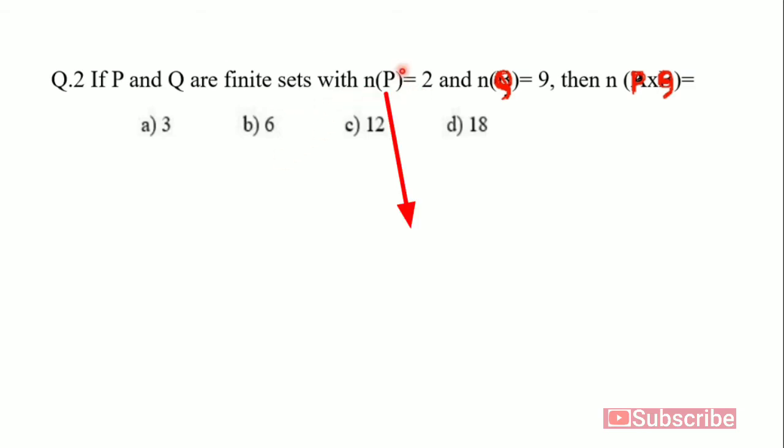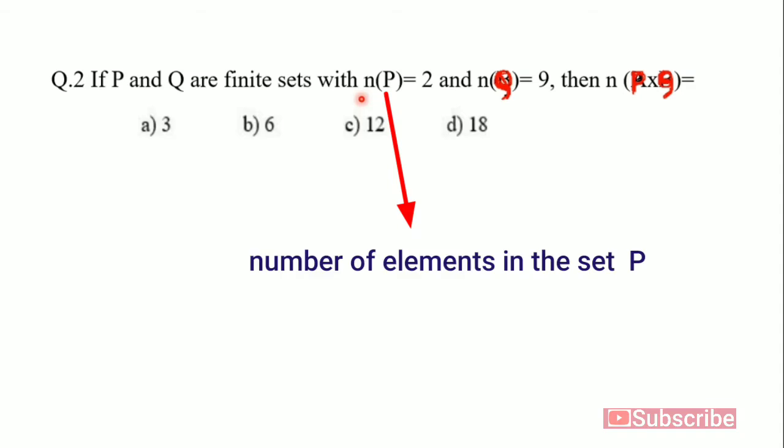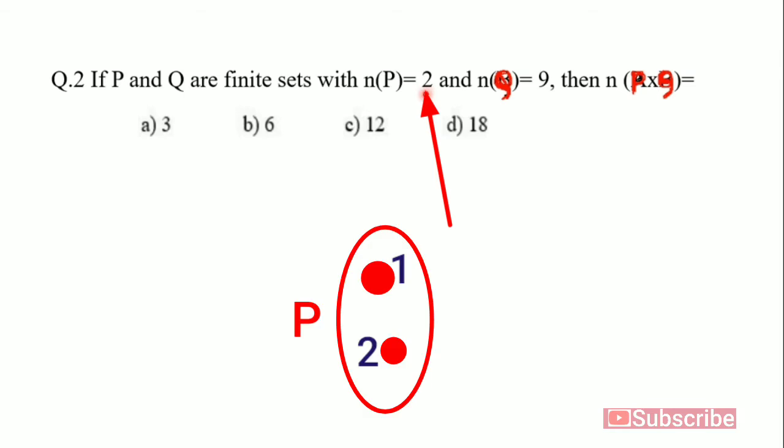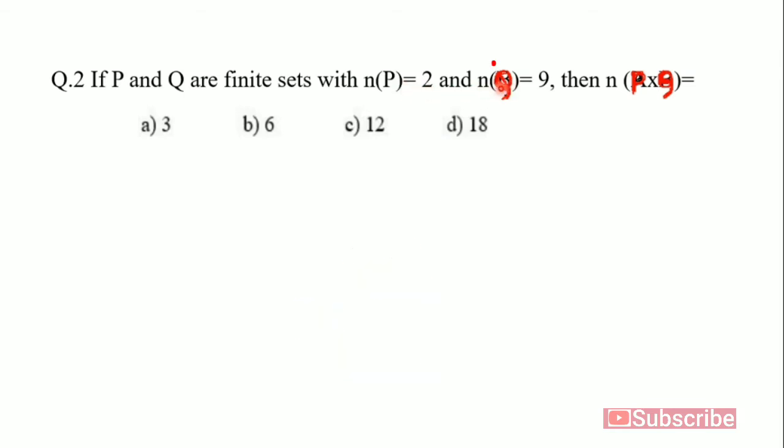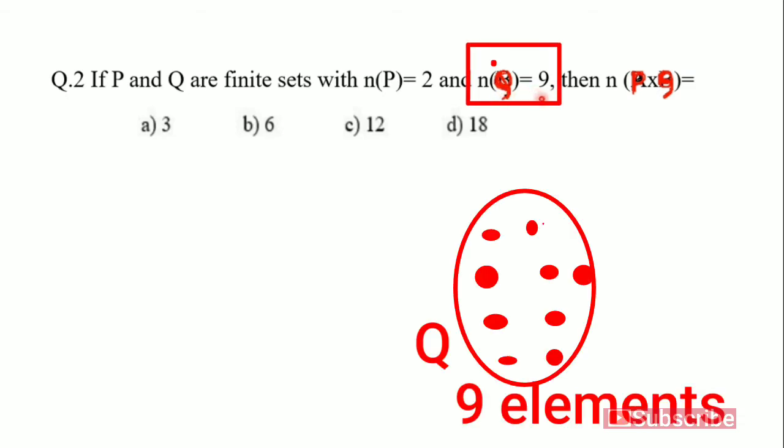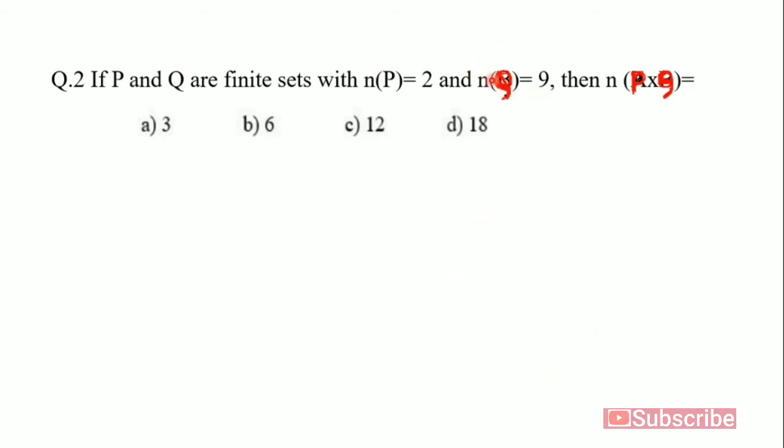And n(P) represents number of elements in the set P, which is 2, means P contains 2 elements. And then Q contains 9 elements. So how many elements are there in the cross product? That is what is asked here.